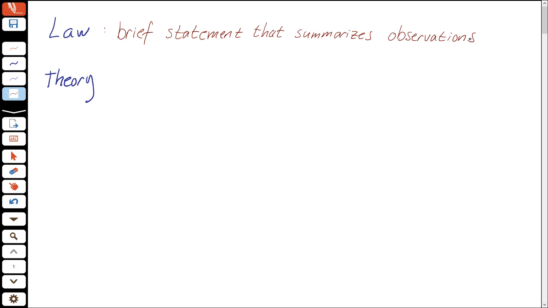So the theory basically explains why things happen. The law is the summary of the observations. The theory is why that happens.